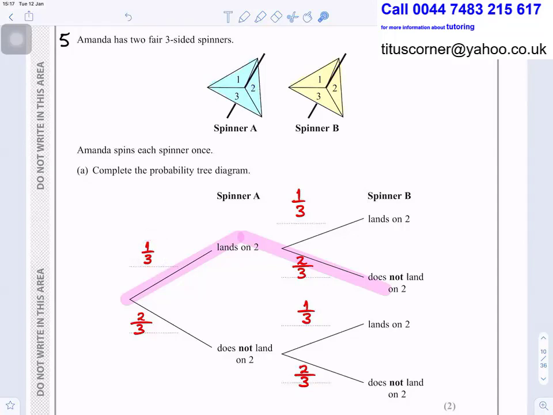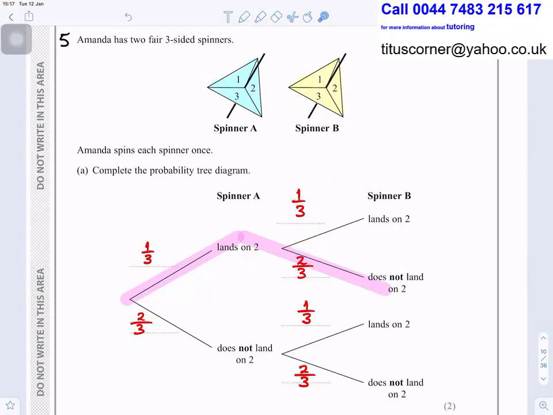And then the probability that it does not land on 2 is 2 out of 3, because there are 2 numbers that are not 2, 1 or 3. So it's 2 out of 3. You go to spinner B. The probability that it lands on 2 is 1 out of 3. The probability that it does not land on 2 is 2 out of 3.